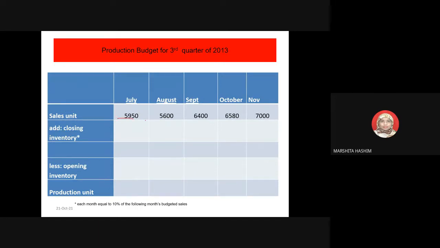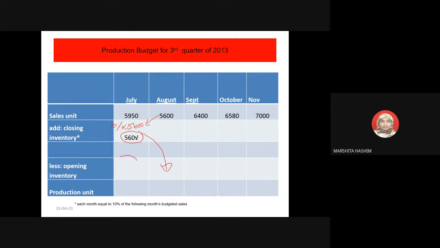Alright, this one. We make adjustments with closing inventories and opening inventories. Your closing inventories, remember, is 10% of next month's sales. So next month's sales 5,600, then you will get this figure. Closing inventories for July tomorrow become opening inventories for August.